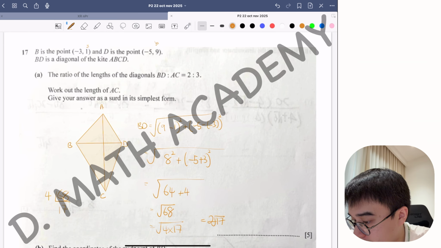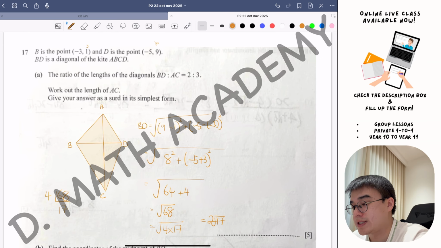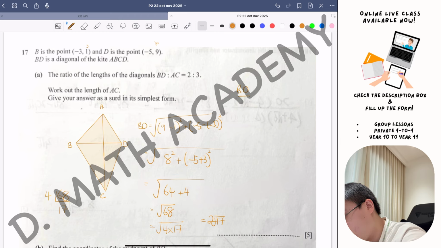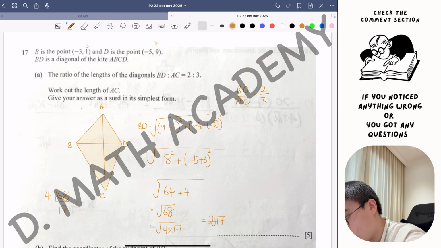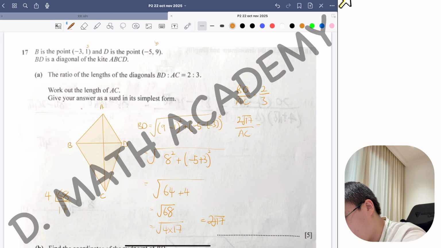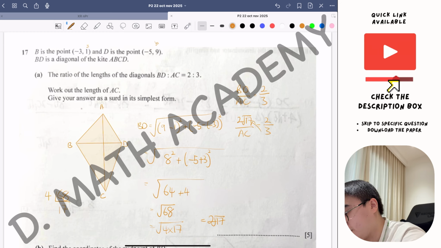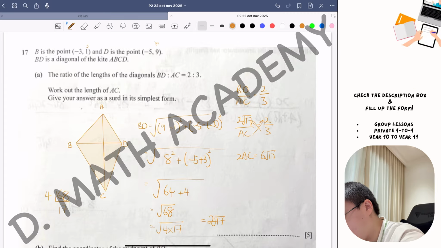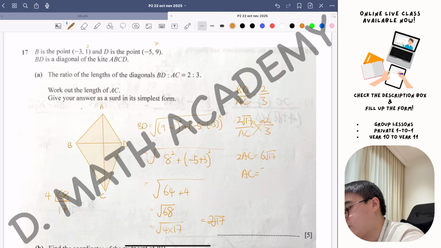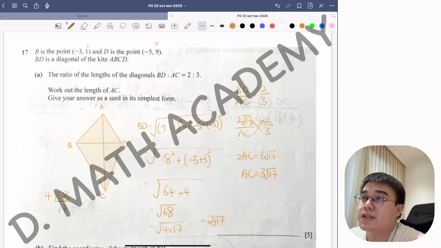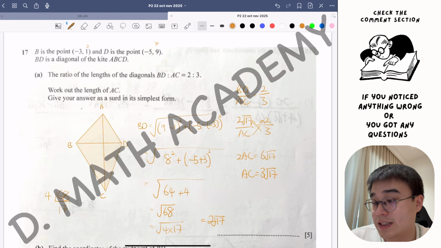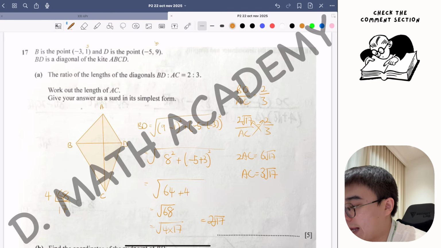So from that, to find my AC, just multiply. It will just be 3 root 13 as your final answer for part A.